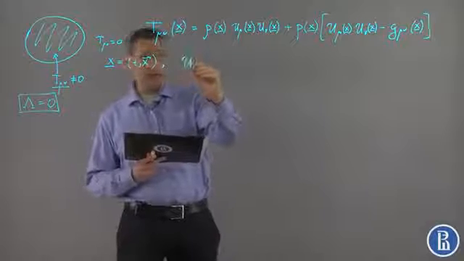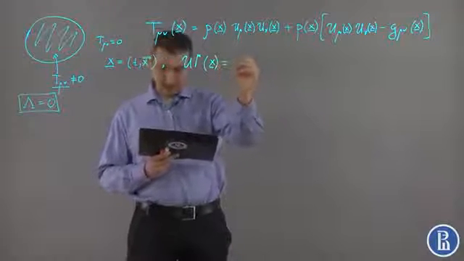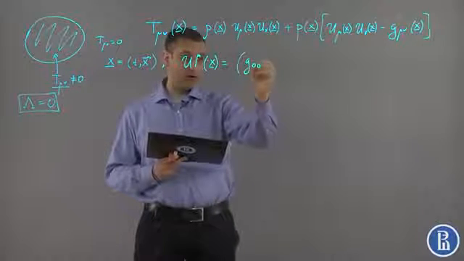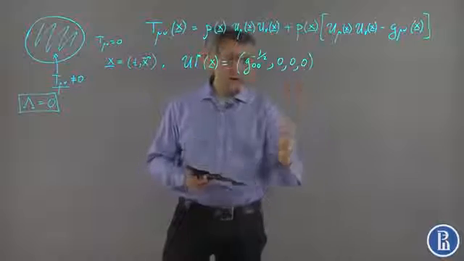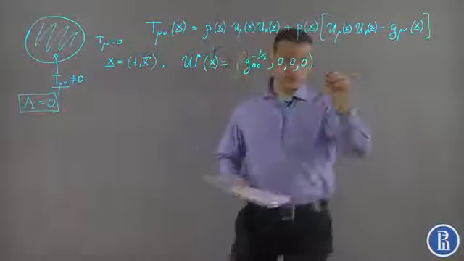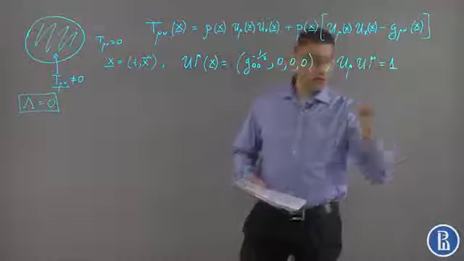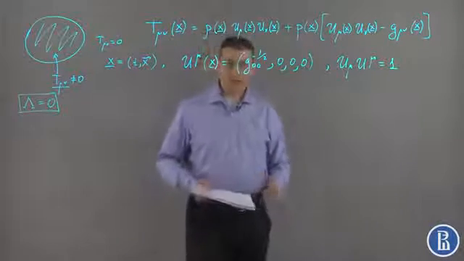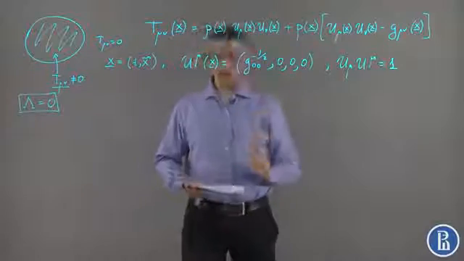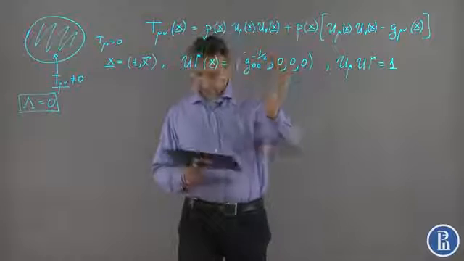In such a reference frame, u mu of x is nothing but the vector with components square root of g 0 0, 0, 0, 0. The reason for having this is because we have to have u mu u mu equal to 1, which follows from the definition of the 4-velocity. So this is the form of the 4-velocity vector in the reference frame where the fluid is static.